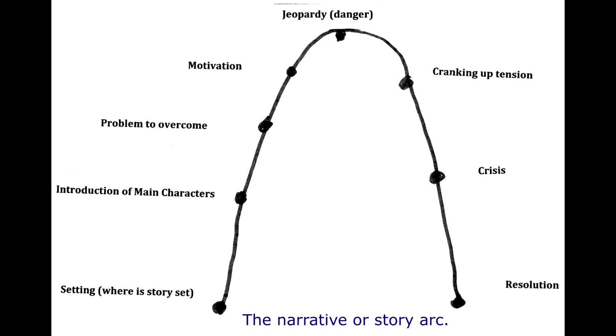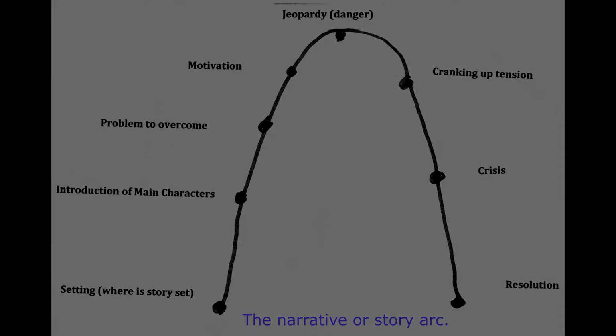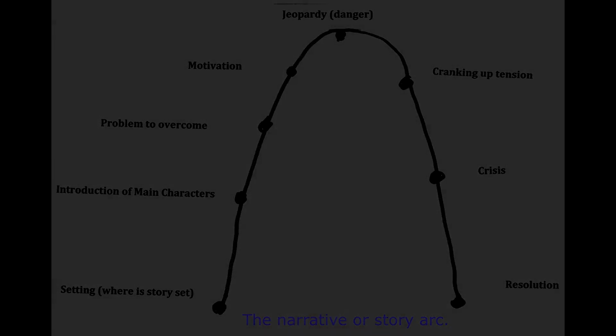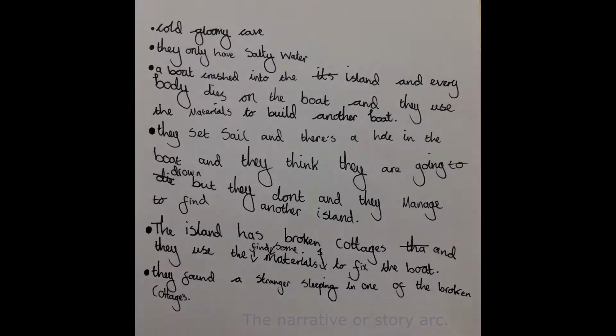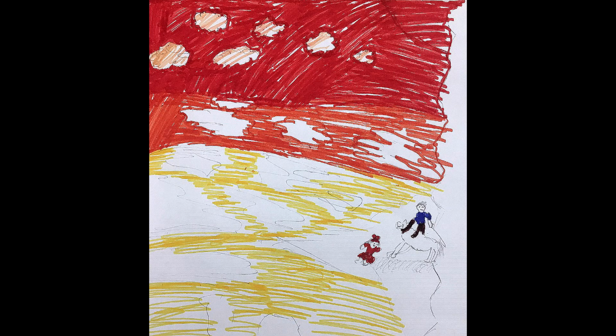Then a lot of rising tension, coming up to the climax of the story, and then the resolution. So all they had to do was write out a plot, not fill in the gaps. They did some really interesting plot lines, quite different from what I had imagined, but nonetheless valid. They also did some drawings for that.